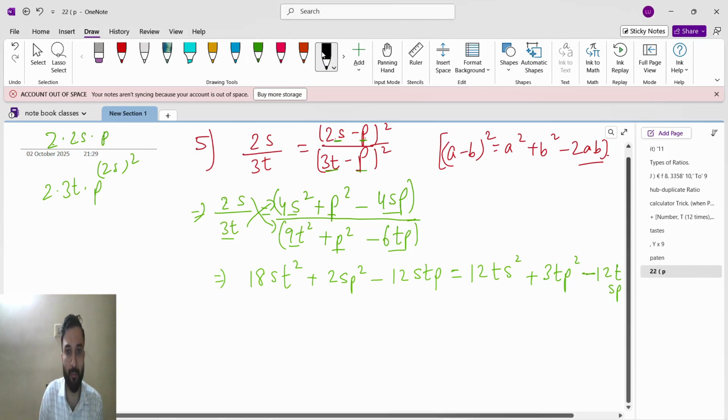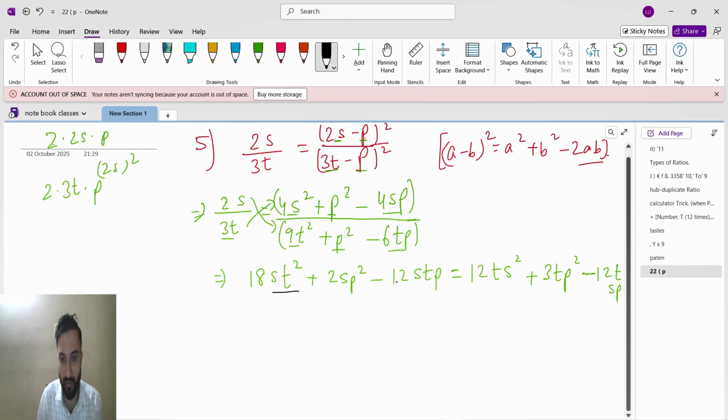So now see here, guys, a very important thing: s t square is here, and on the other side it is s square t, so it will not get cancelled, it will remain as it is. Now sp square, this side is sp square. Then stp or tsp, all are the same because it is multiplication, so stp or tsp will remain the same. So see here, minus 12 stp and minus 12 stp.